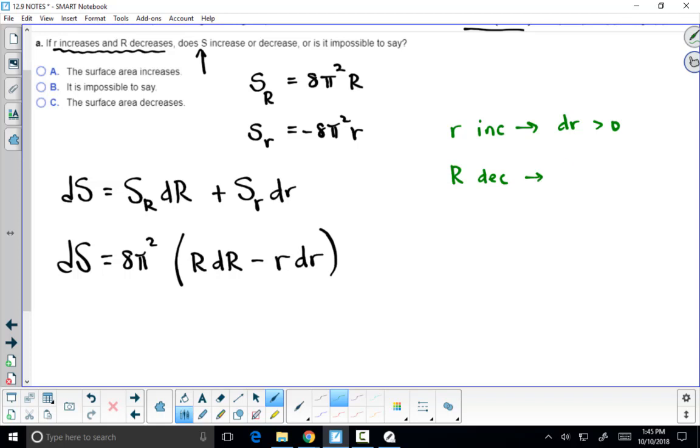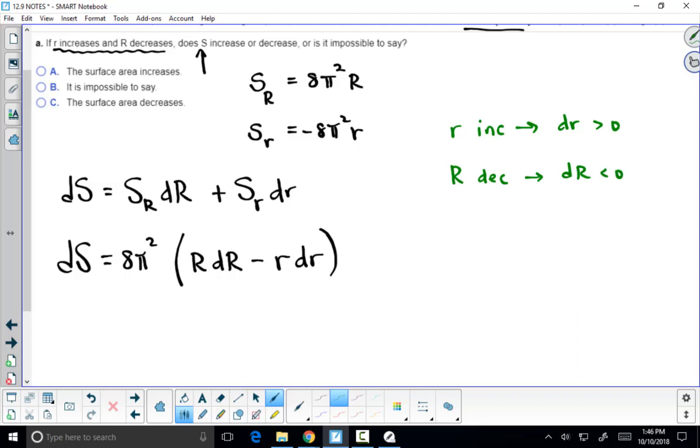That means that d cap R is less than 0. So what happens here then? Capital R is going to decrease, so this thing here is negative. The two r's are both positive. So we have dR is going to be negative.